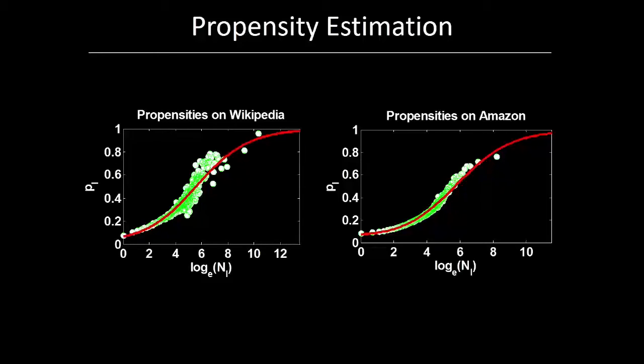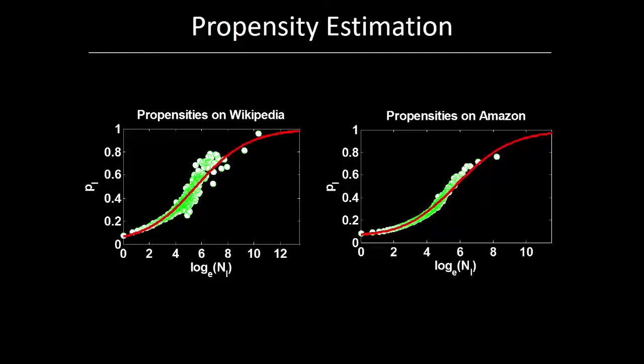So we can use this fact to get a first order approximation of which labels are missing on which documents in Wikipedia, and we can estimate propensities. And you can see that our proposed model gives a reasonable fit to Wikipedia in this case. We can do a similar thing for Amazon. Again, I'm not going to go into details because of the interest of time, but you can see that our fit is even better in this case.